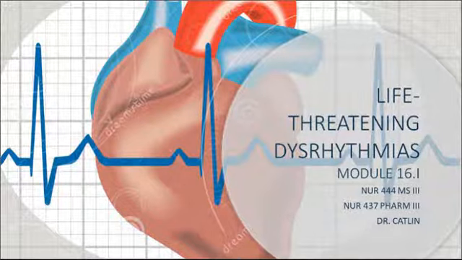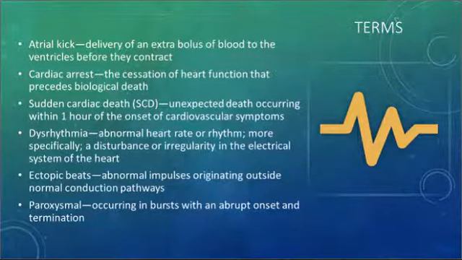Okay, so now we're going to get into dysrhythmias. Some terms: atrial kick. Sometimes you'll hear that word, atrial kick, the little extra bolus of blood to the ventricles before they contract. If somebody's in an atrial fib, they might affect the output a little bit because they lose their atrial kick.